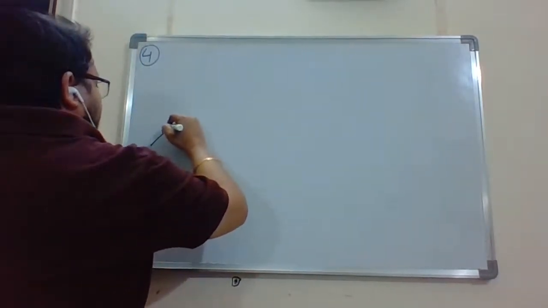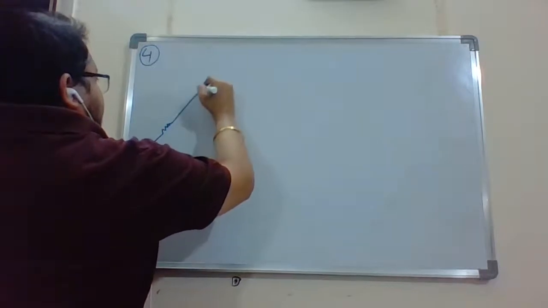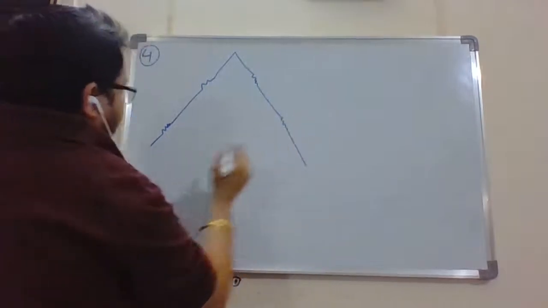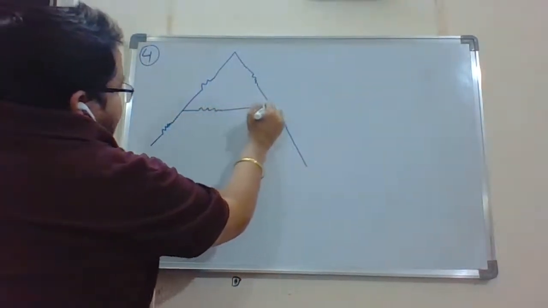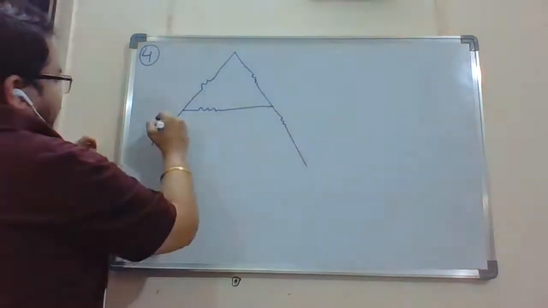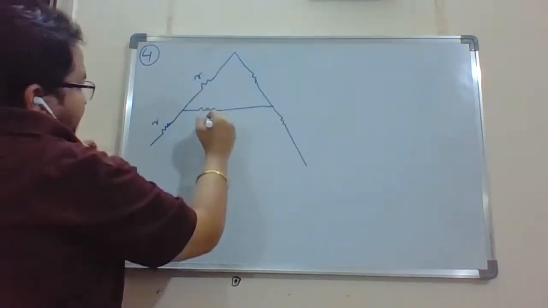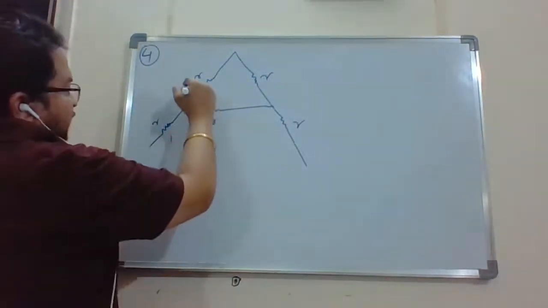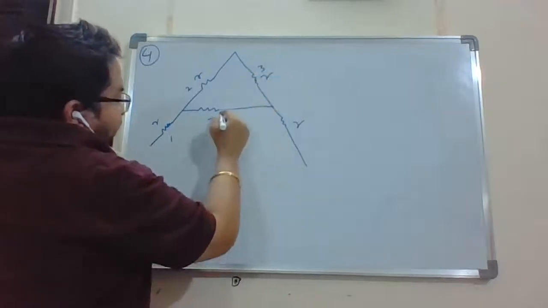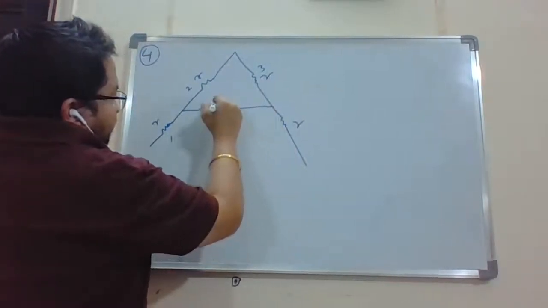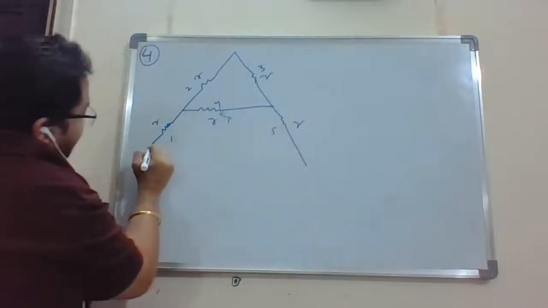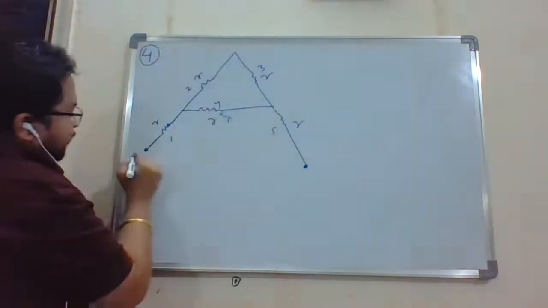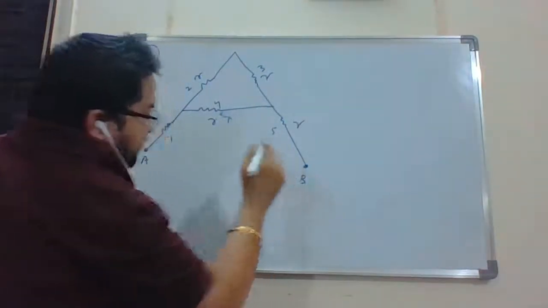Suppose we have a letter A and we have made an electric circuit like this, and assume all the resistors are again R. Let us give the numbering 1, 2, 3, 4, and 5. And I'm asking what would be the equivalent resistance across these two points A and B.